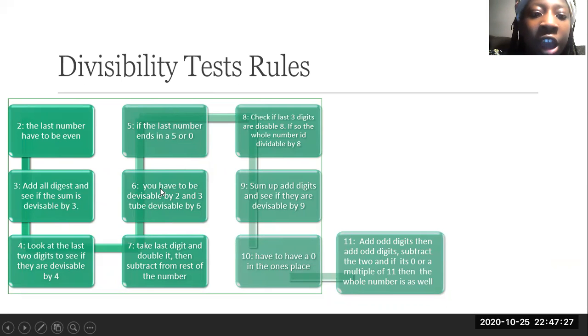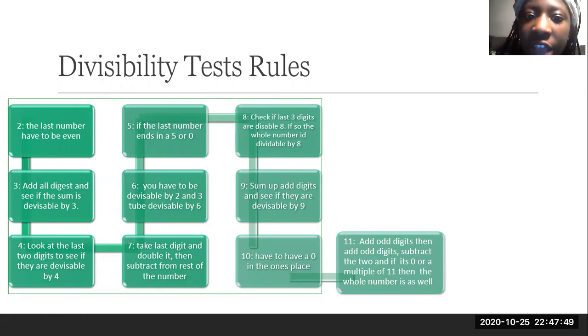For 6, the number has to be divisible by 2 and 3. For 7, take the last digit and double it, and then subtract it from the rest of the digits. If that number is divisible by 7, then the whole number is divisible by 7.